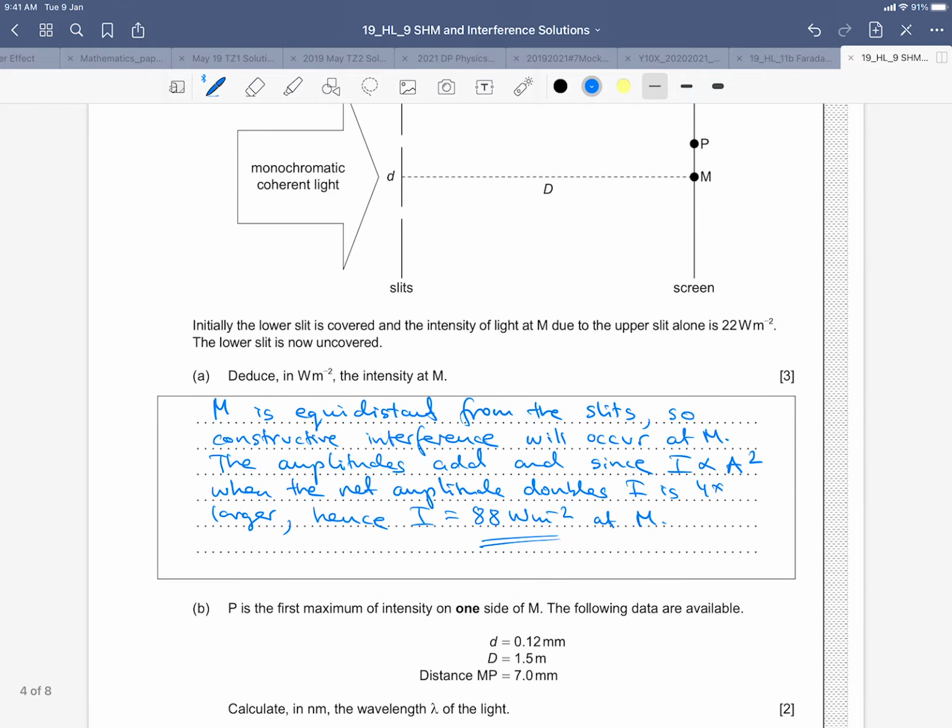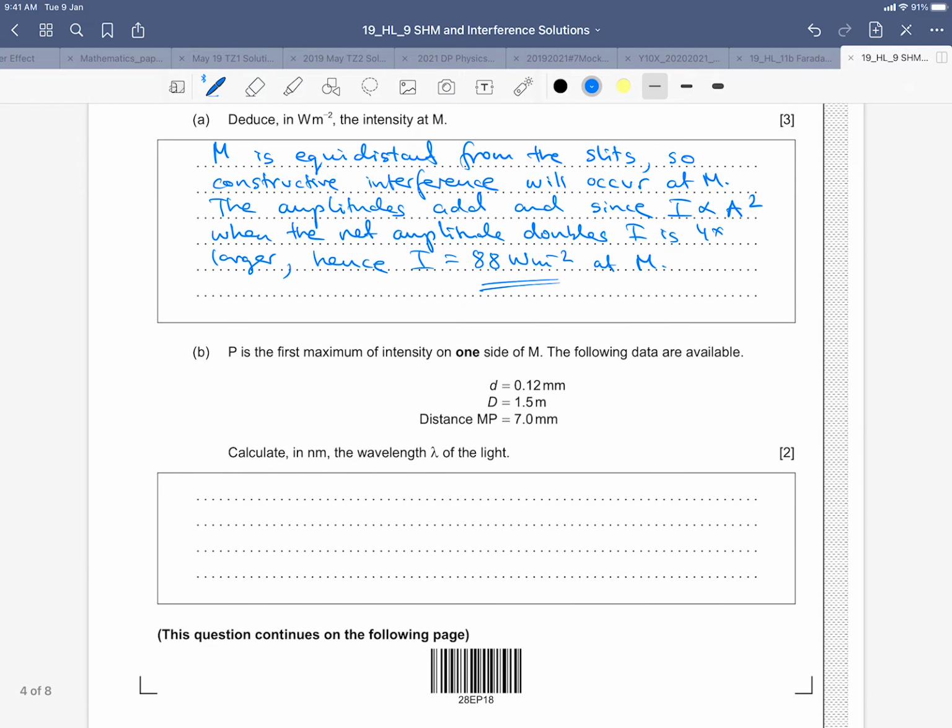Then we have now a simple one, where they give us P as the first maximum on one side, so the distance MP is the s in our double slit interference formula. We know the distance between the slits, we know the distance to the screen. Notice the distance to the screen is much greater than the distance between slits, so we can use the approximation.